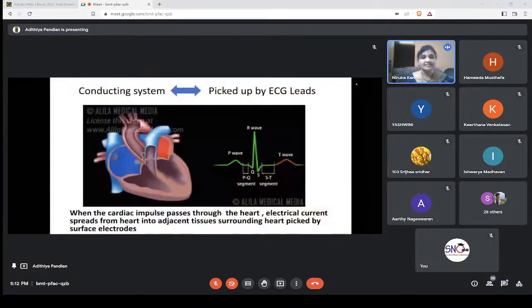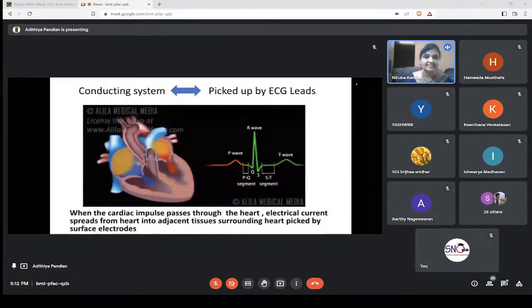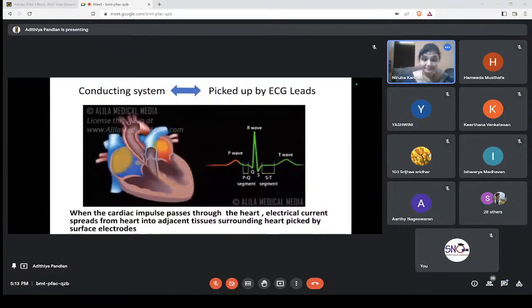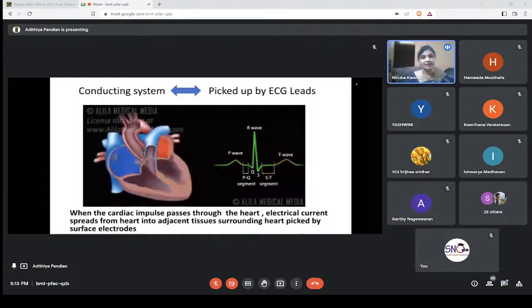Okay. So what is ECG? What is picked up in the ECG leads? It is only the conducting system of the heart, which you write many times as a short note in your physiology: from the SA node to the AV node, then the bundle branches, then your Purkinje fibers. All this is recorded at the same time as your P, Q, R, S, and T waves.